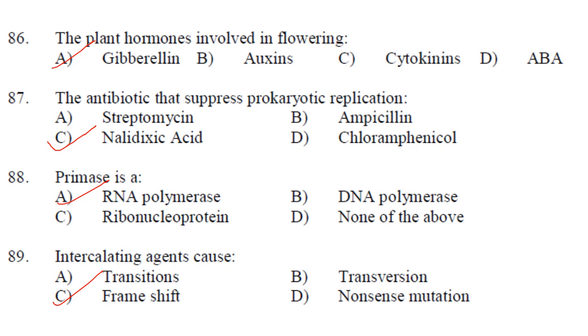They produce mutation by intercalating between the bases of DNA, thereby disrupting or distorting the 3D structure of the helix, which results in single nucleotide insertions and deletions during replication. And these insertions and deletions produce frameshift mutation. So intercalating agents cause frameshift mutation. Answer is option C.